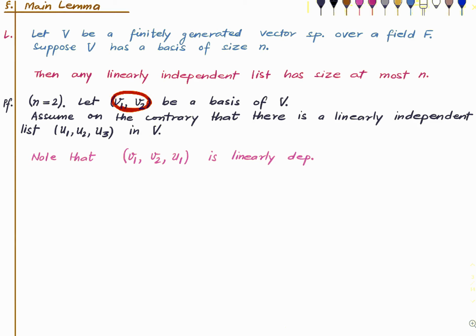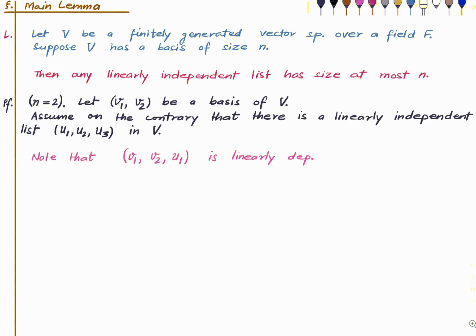This is a linearly independent list because this is a basis, first of all. And this is a spanning list because this is a basis. So u1 is in the span of those two vectors. And since this is a linearly, well, we don't even need to say that. So since u1 is in the span of these two vectors, this list must be linearly dependent.